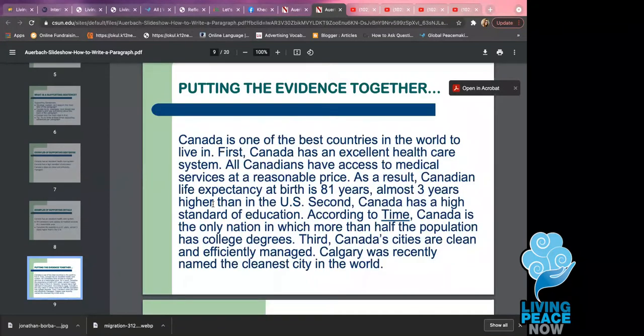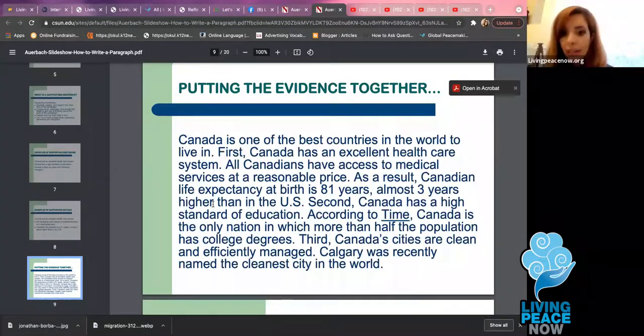Second, Canada has a high standard of education. According to Time, Canada is the only nation in which more than half of the population has college degrees. Third, Canada's cities are clean and efficiently managed. Calgary was recently named the cleanest city in the world.